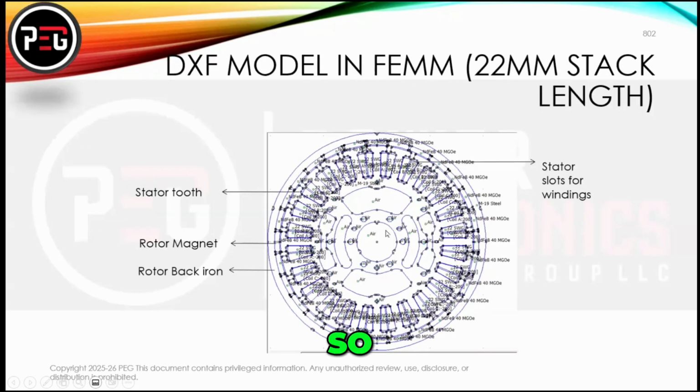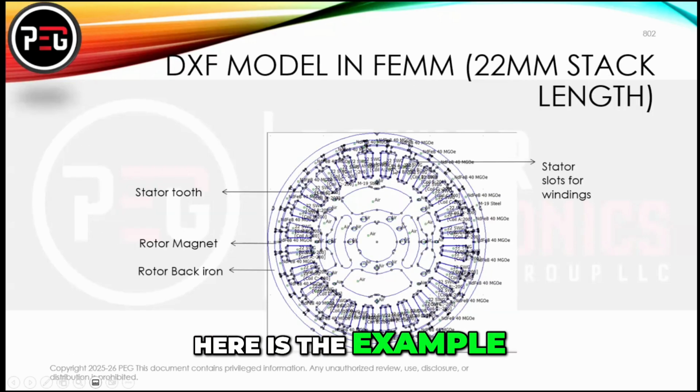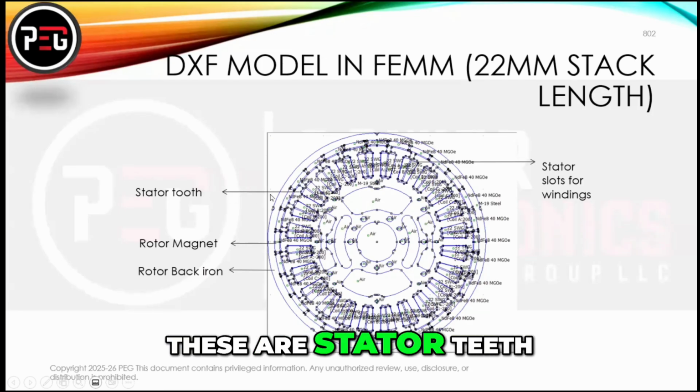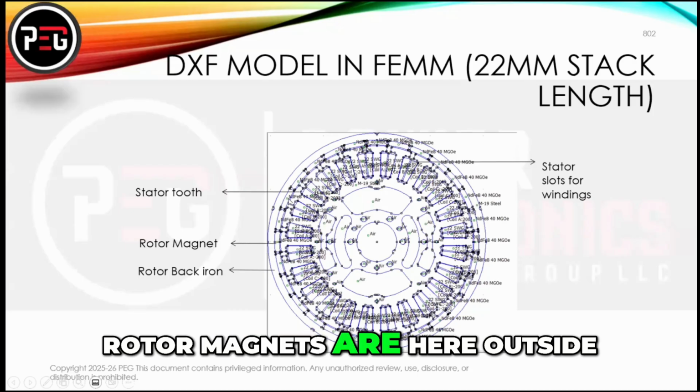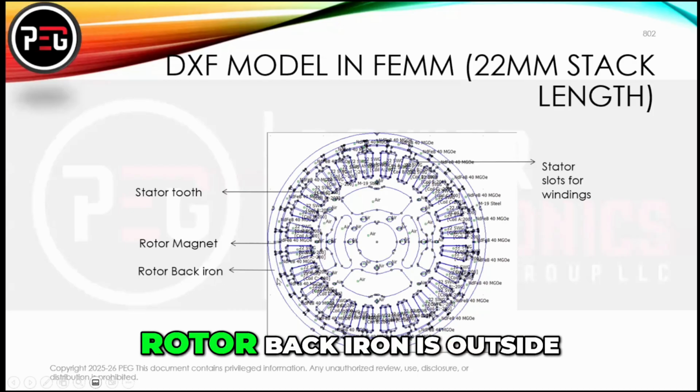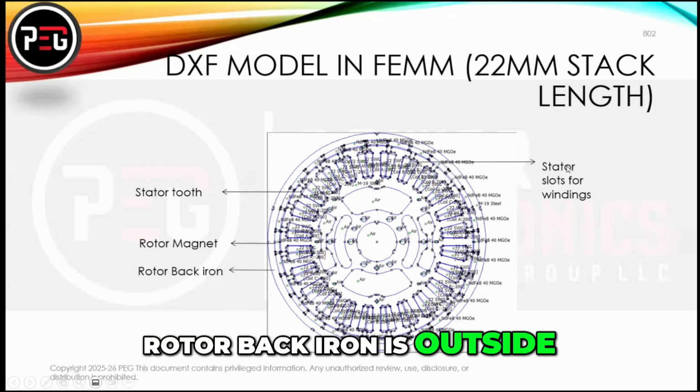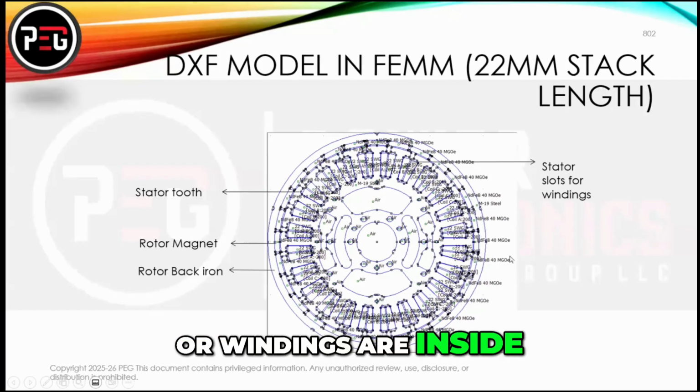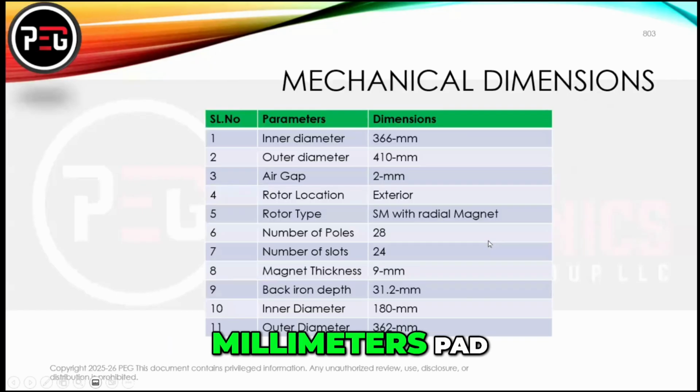Okay, so here is the example we will see, the outer rotor motor. These are stator teeth. Rotor magnets are here outside. Rotor back iron is outside, and your stator slots for windings are inside. And this is 22 millimeters thick, right?